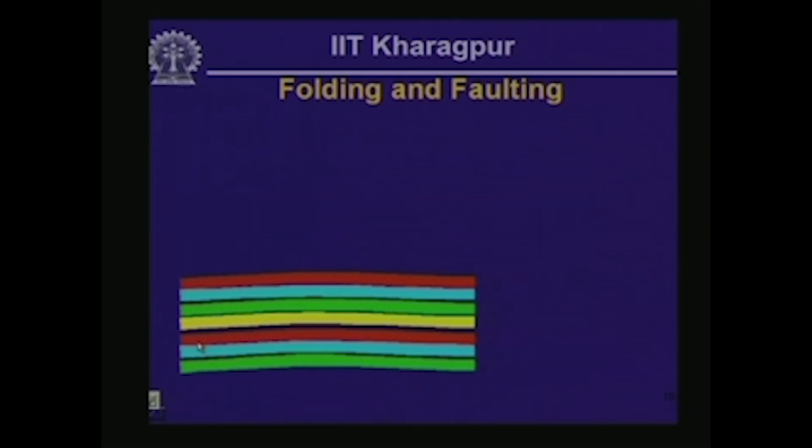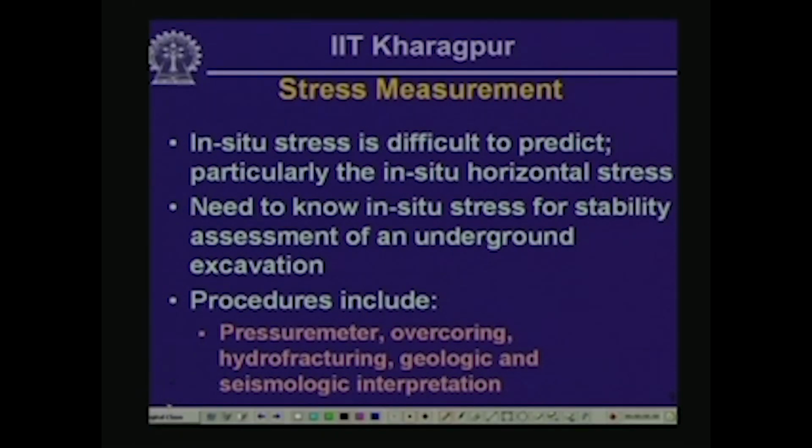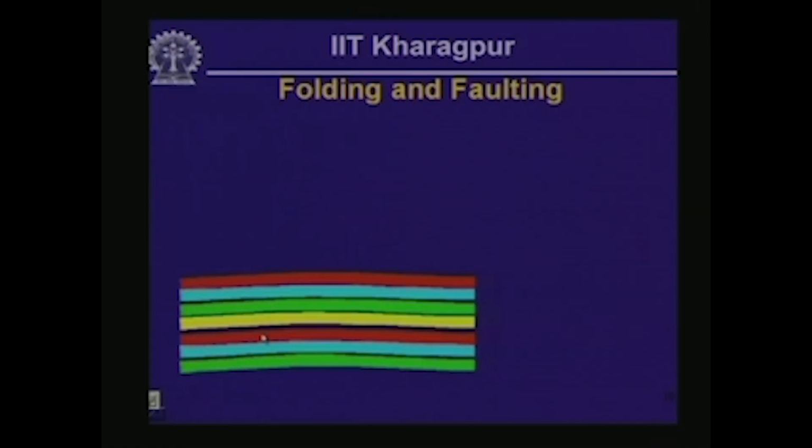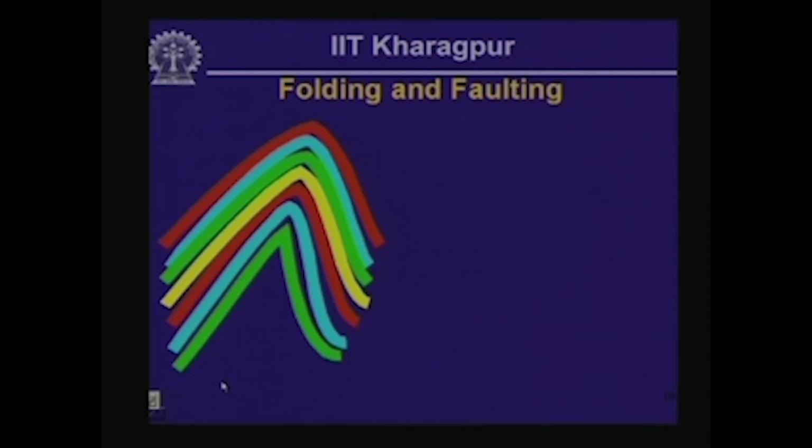Now what is going to happen to this particular rock mass? Okay. Now if we try to squeeze the rock mass, then the deformation is going to be like that.